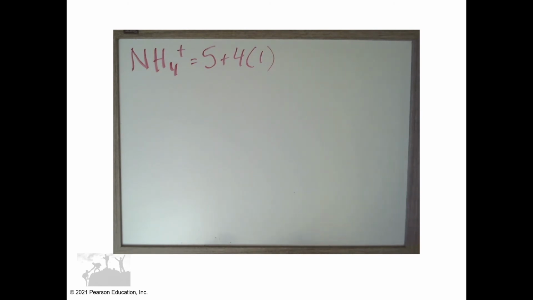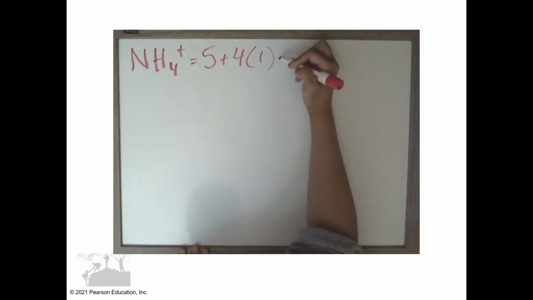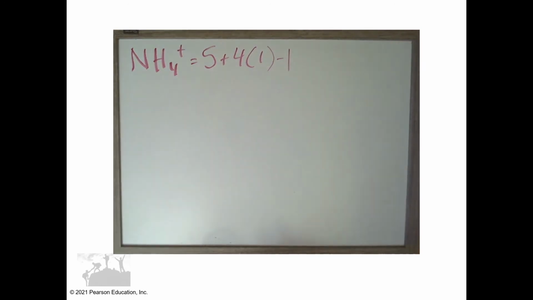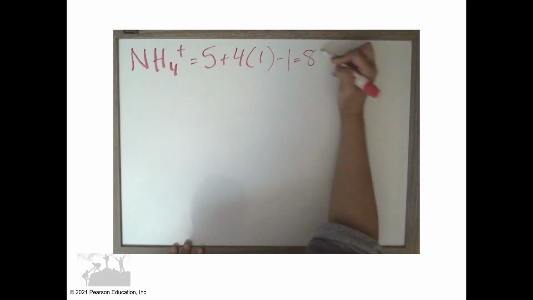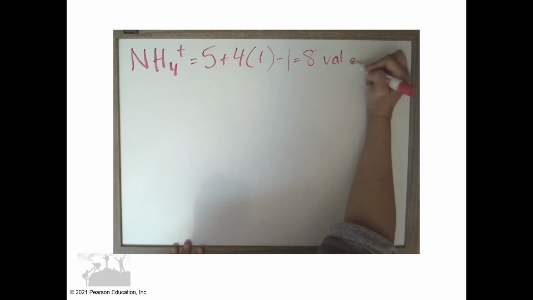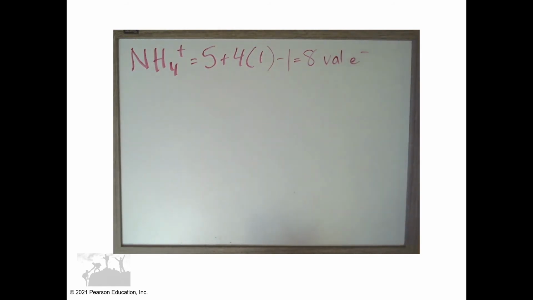Also, we have a +1 charge for the ammonium ion. That means that 1 electron was taken away. So we have to do that in our tally. So we're only working with 8 valence electrons.